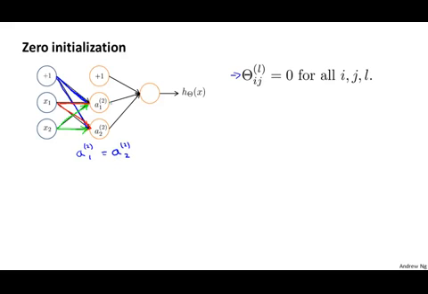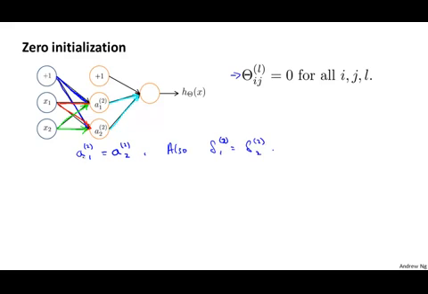And moreover, I'm not going to show this in too much detail, but because these outgoing weights are the same, you can also show that the delta values are also going to be the same. So concretely, you end up with delta 1(2) equals delta 2(2).